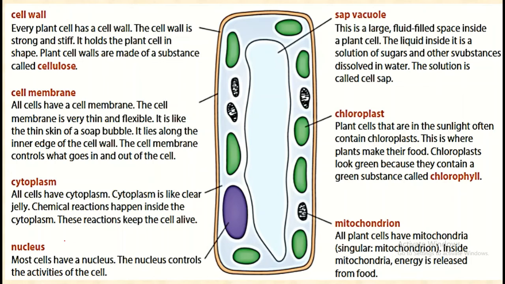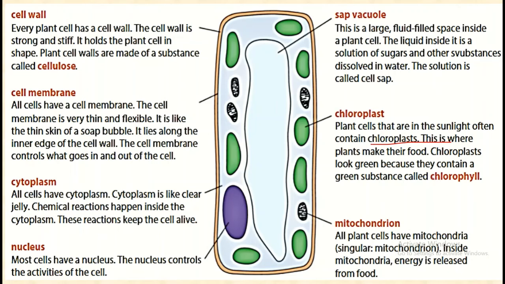Chloroplast. Chloroplast's main function is that it is used during the photosynthesis. Okay, and in photosynthesis, what does the plant do? The plant makes the food for itself. There is a small segment in chloroplast which is called chlorophyll.